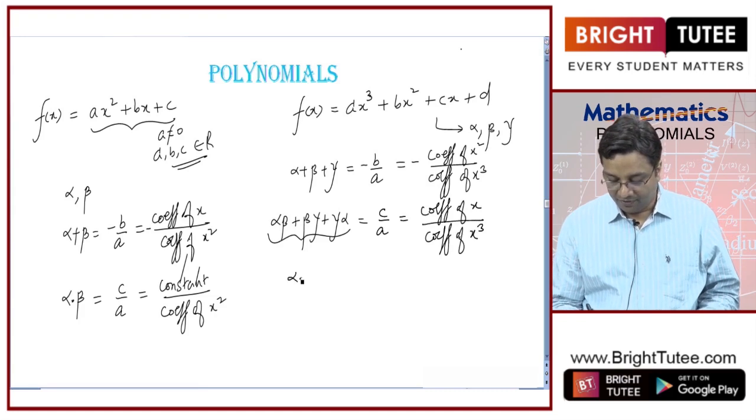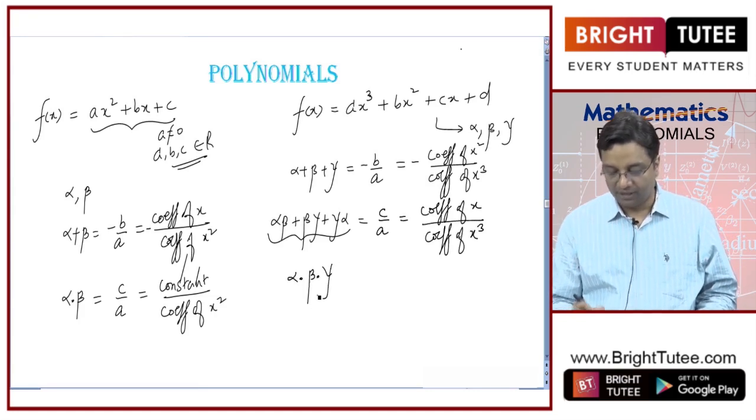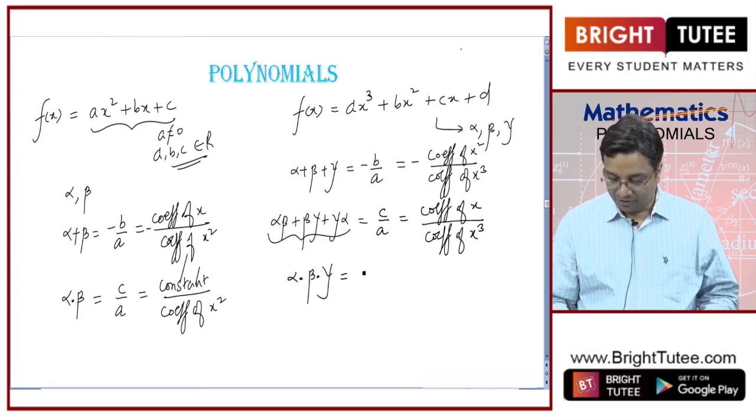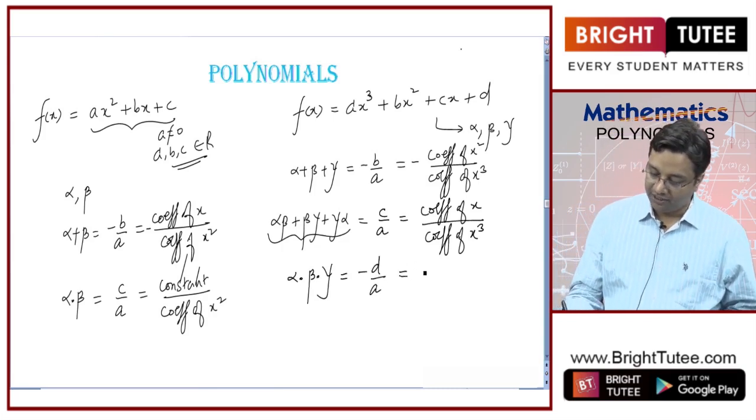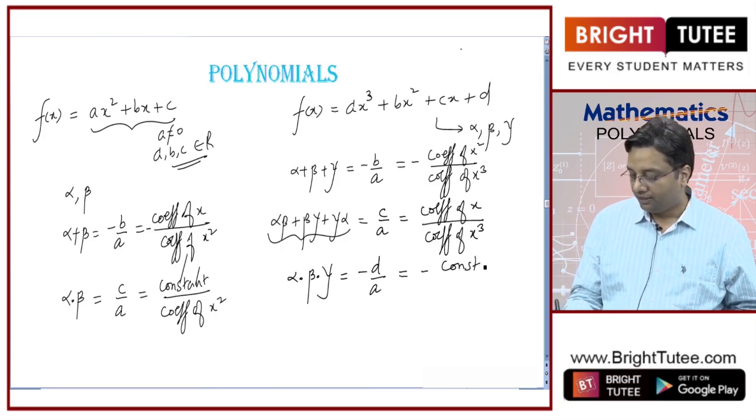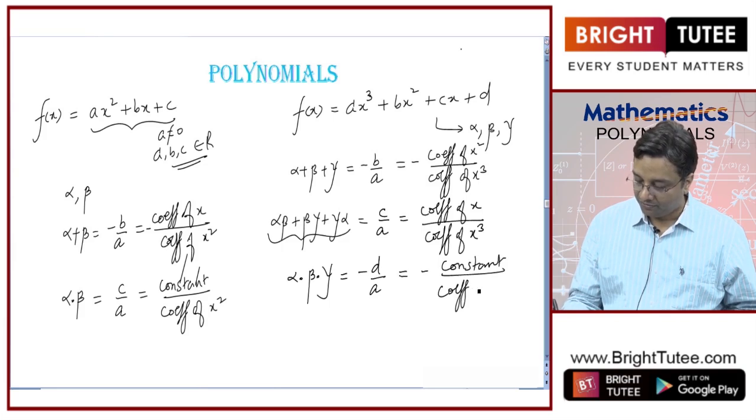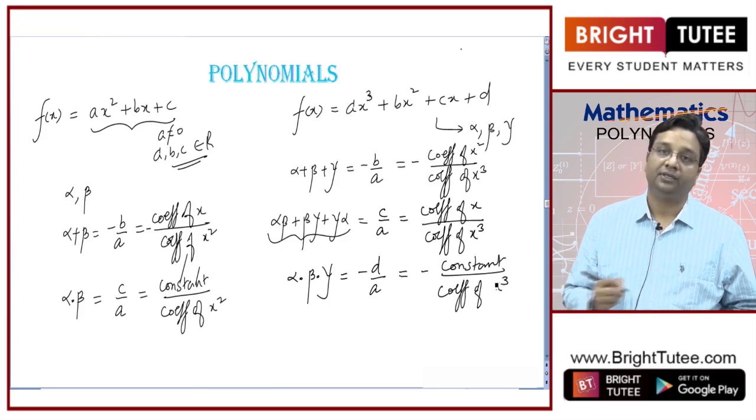And what was alpha into beta into gamma, product of roots? It was equal to minus d upon a, which means minus of constant term divided by coefficient of x cubed, right?